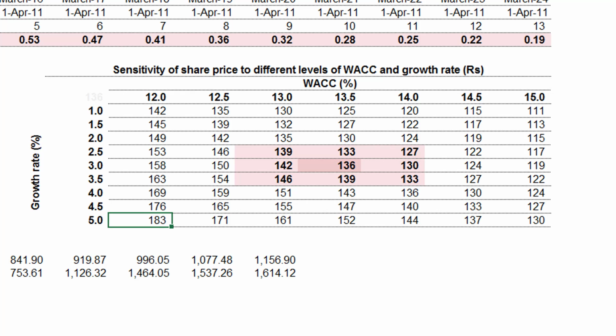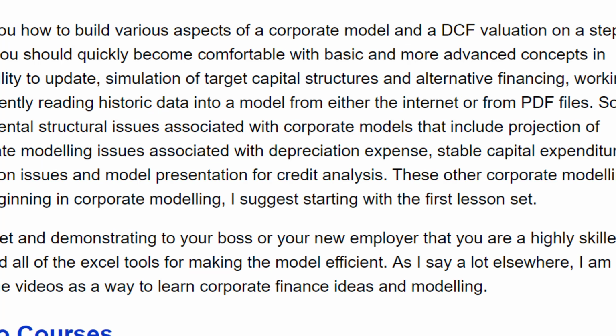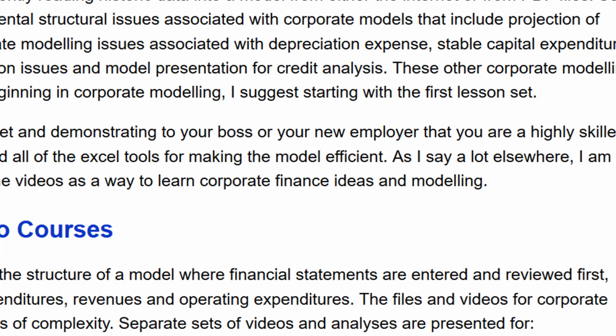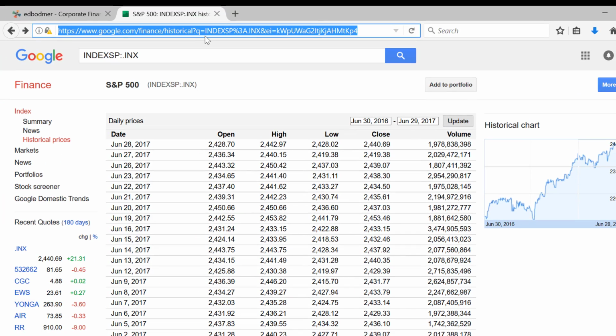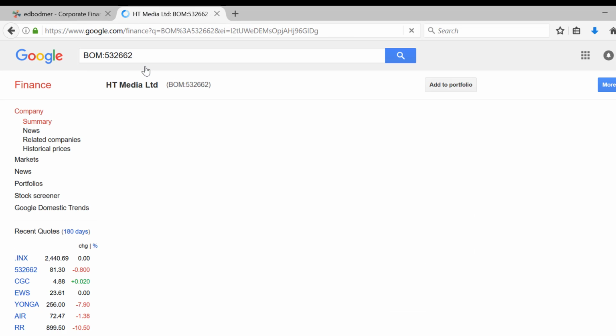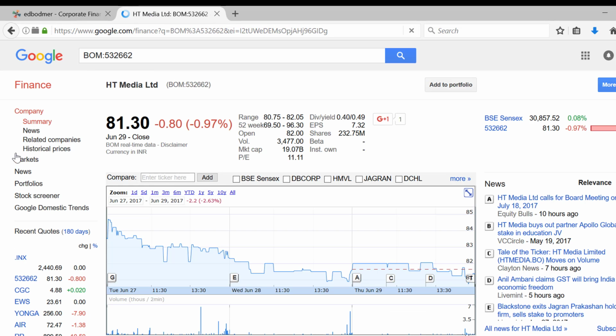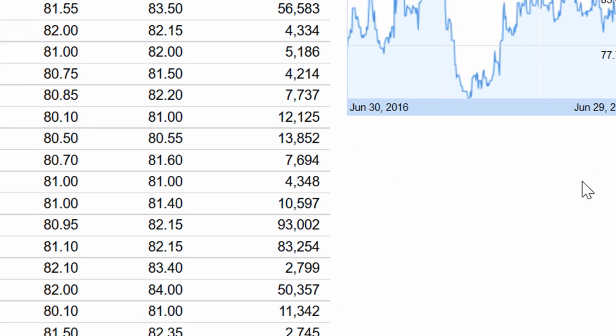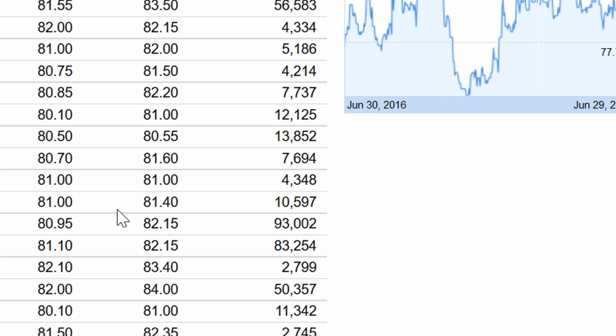If you go to Google Finance and you try to find HT Media, look, they have it. And you can get some historic stock prices. But there's no download option here.